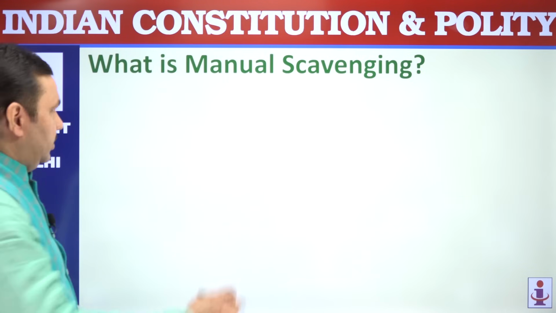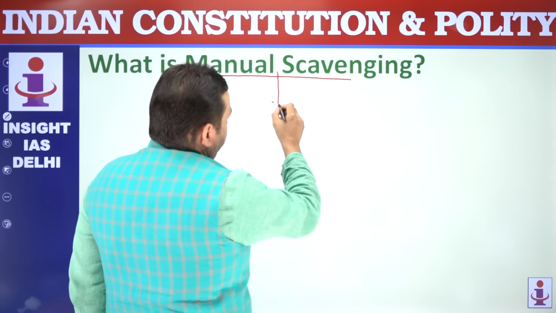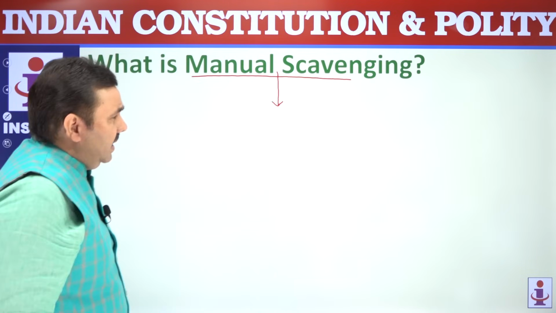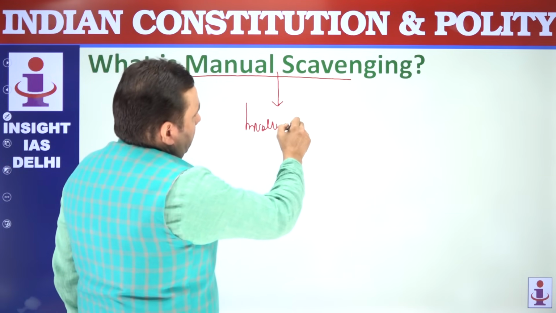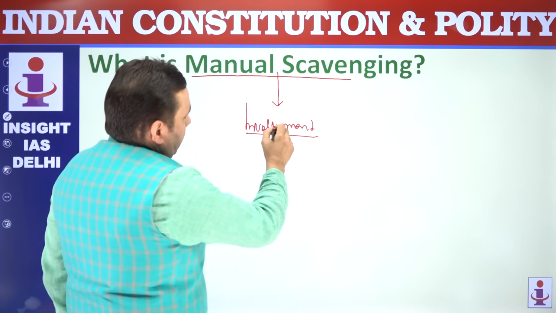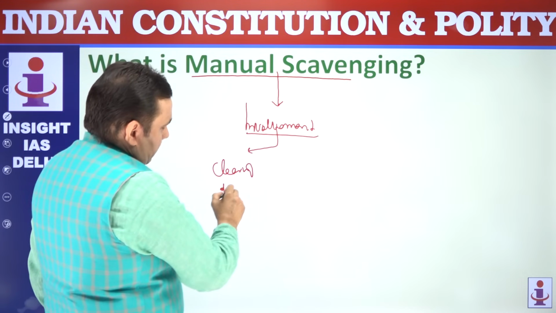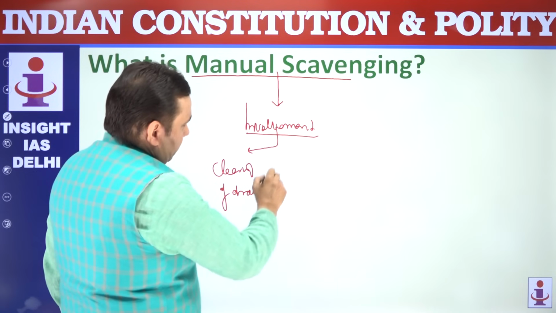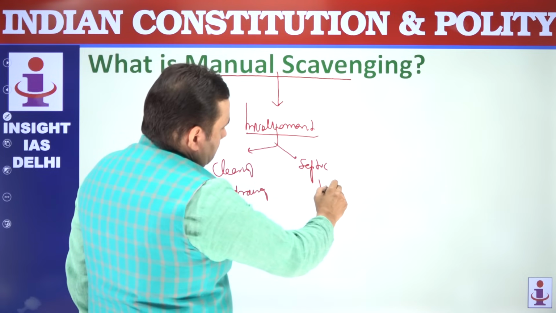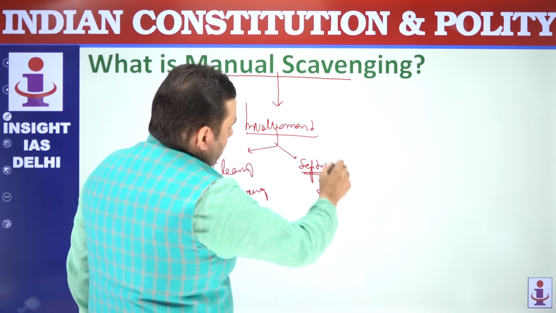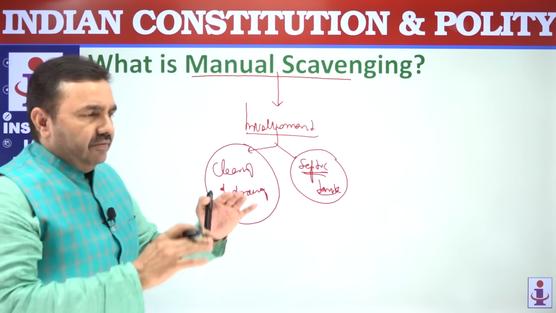What is manual scavenging? I start with the definition, write a crisp definition. Manual scavenging refers to involvement in unclean professions such as cleaning of drainage, septic tanks, or activities related to handling of dead animals.